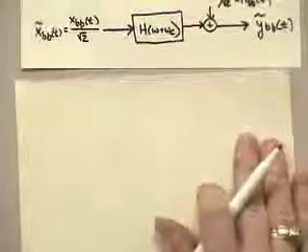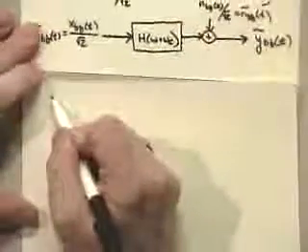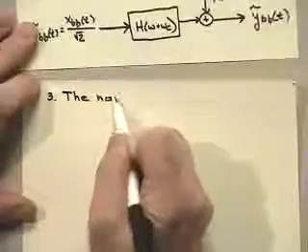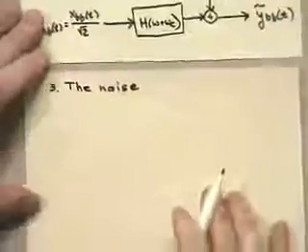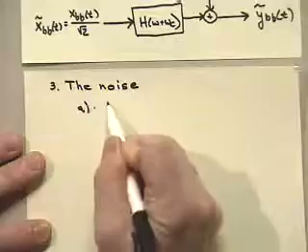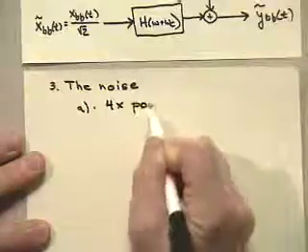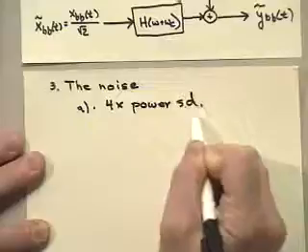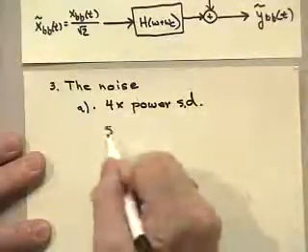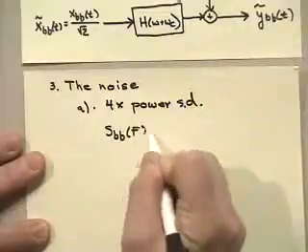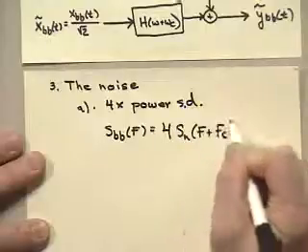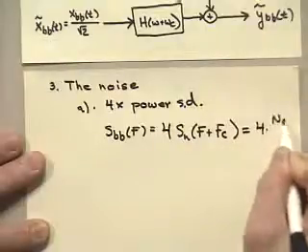Okay, let's look at what that does to both the signal and the noise. And you're going to see that this is very convenient, removing that extra factor of 2 of power. On the noise, we had 4 times the power, at least the power spectral density, I should say, at positive frequencies. So S_bb of f was equal to 4 times S_n of f plus fc, which was equal to 4 times N naught over 2 for white noise.